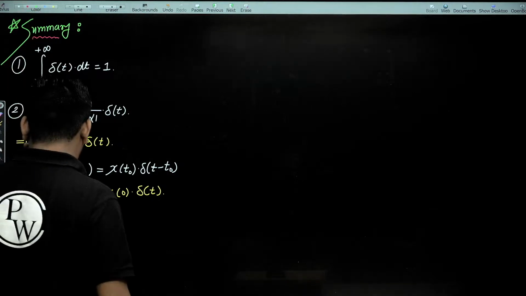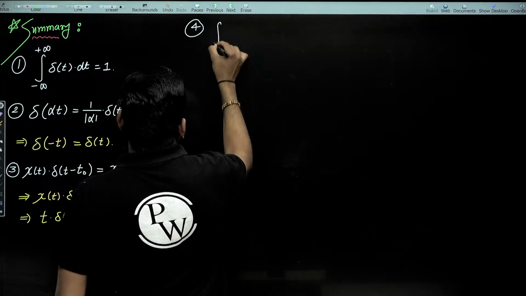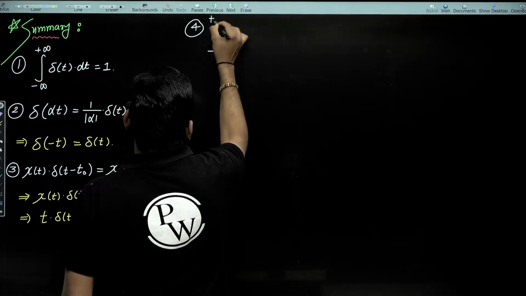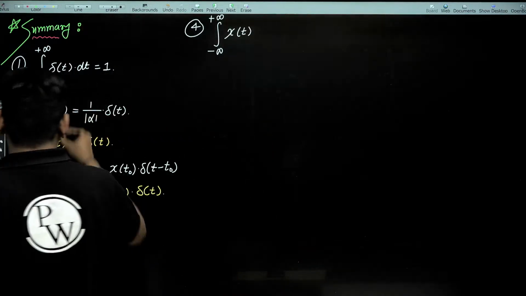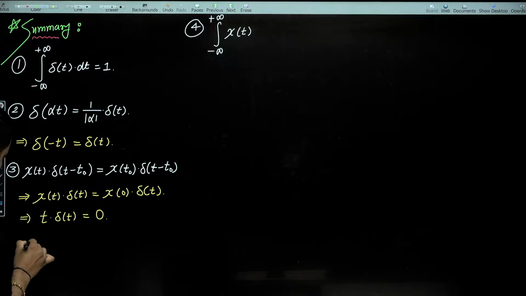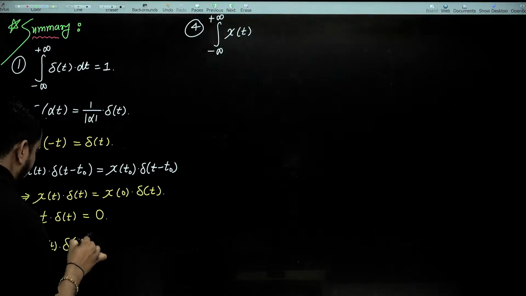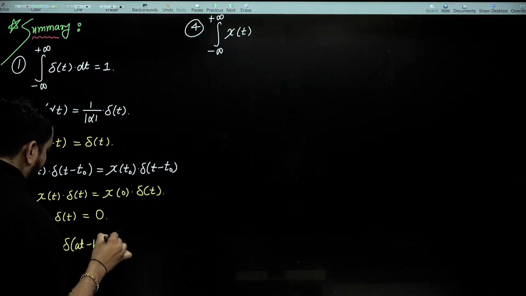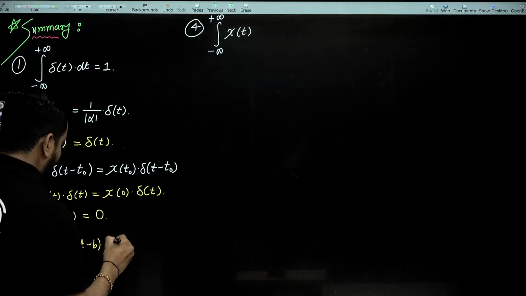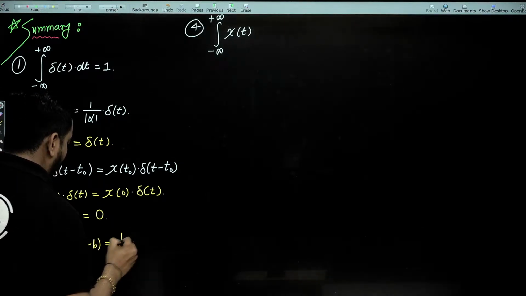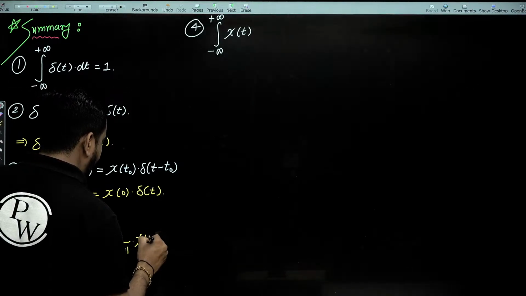Then fourth property, the sampling property: the integration from minus infinite to plus infinite of x of t del t minus t naught dt. Here one more result is there: the integration of x of t del a into t minus b dt, guys, then it will be 1 upon mod a, x of b by a.